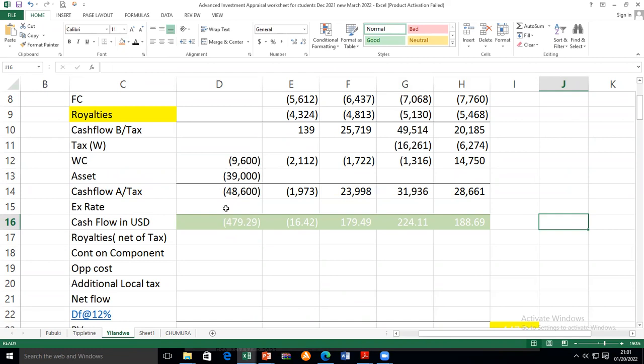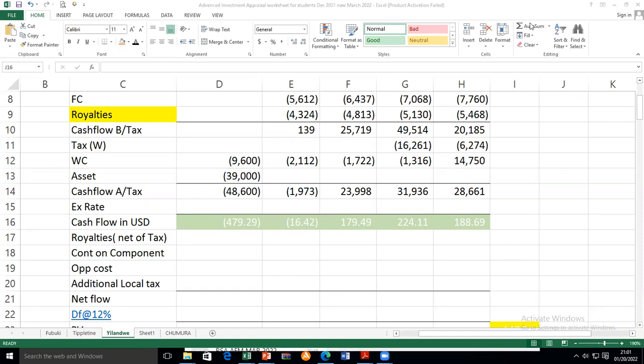Now let's discuss what happens here. There are two treatments. The treatment of overseas cash flows, which our examiner favors, is that all this money is converted.